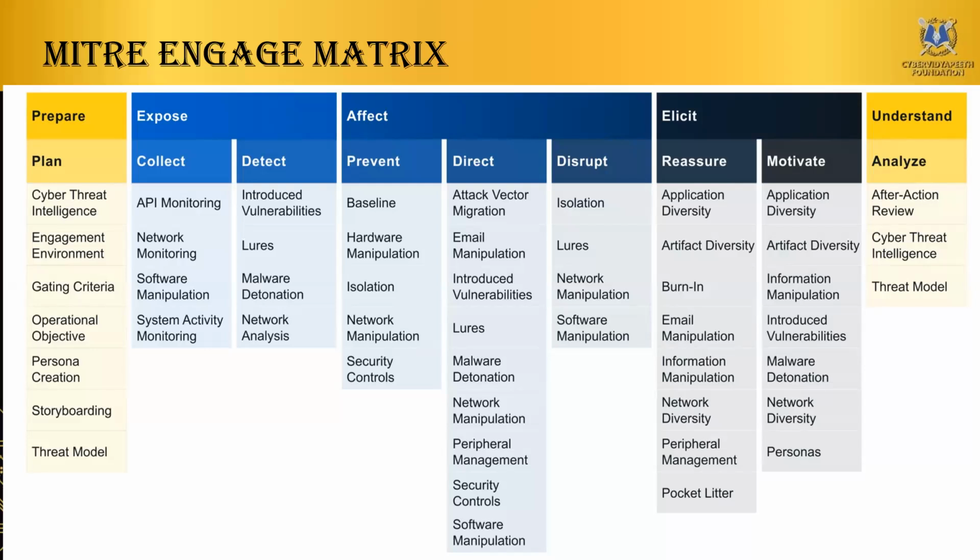So this is on cyber threat intelligence. Cyber threat intelligence is the most important part for planning, for story writing. If you don't have this, then you won't be able to plan properly.